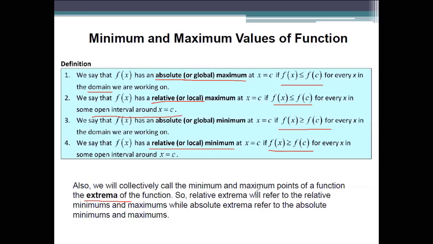So relative extrema will refer to the relative minimums and maximums, while absolute extrema refer to the absolute minimums and the absolute maximum. So this is the definition of maximum and minimum values of the function.